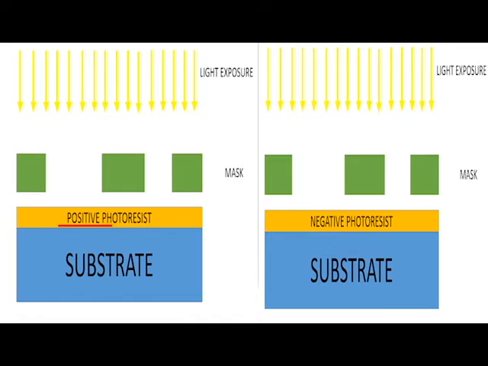Positive photoresist, when it's exposed to light, gets weaker, and a negative photoresist, when exposed to light, gets stronger. So depending on what pattern you want, you need to choose your mask wisely depending on the photoresist, because if you use a mask that is meant for negative photoresist with positive photoresist, you're going to get a pattern that is not what you wanted.